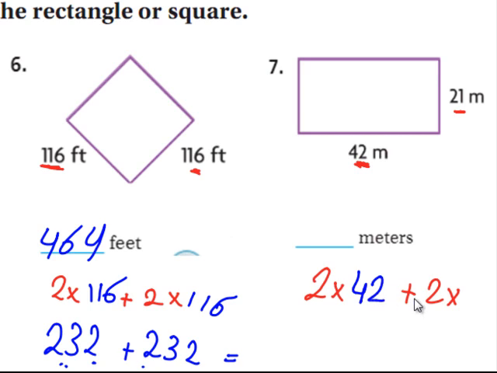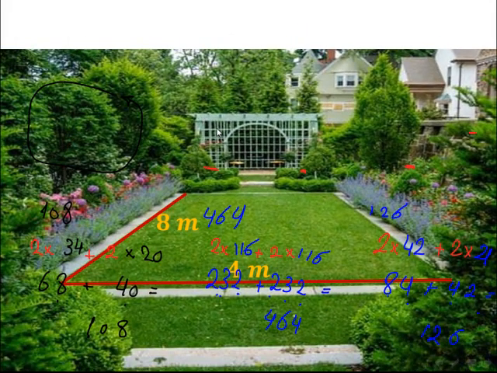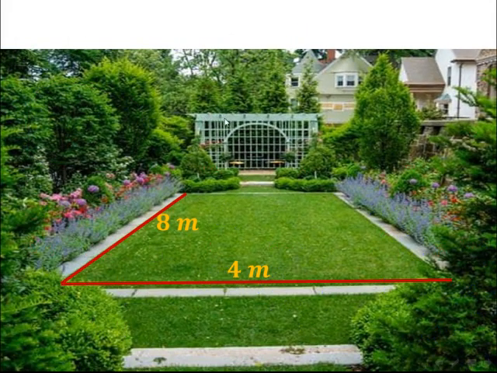Excellent. 42 by 2, 84. 2 multiply 21. Great job. 42. The final answer: 4 plus 2 equals 6 and 8 plus 4, 12. The final answer 126 meters.